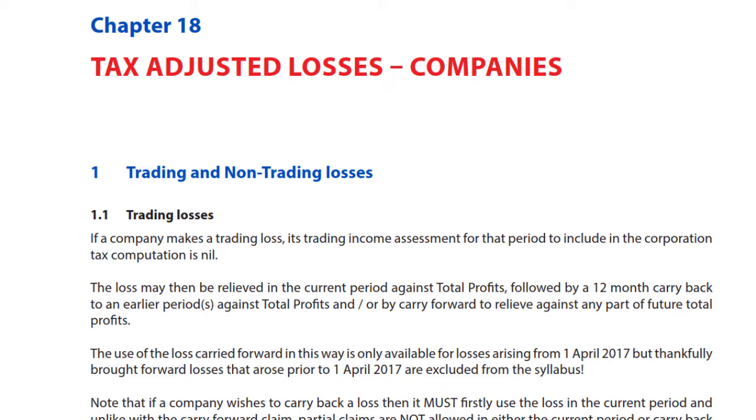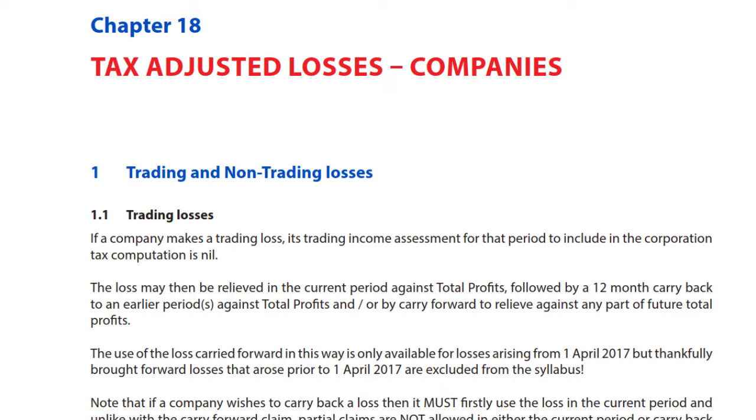Like an individual on an income tax computation could take their trading loss and set off against their total income, we will now discover that a company can take its trading loss in the current chargeable accounting period and set off against its other total profits, that interest income, property income, those chargeable gains. So a first possible use of a company's loss is within the current accounting period against total profits.